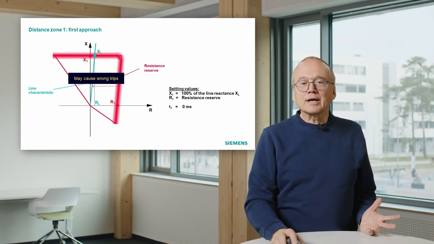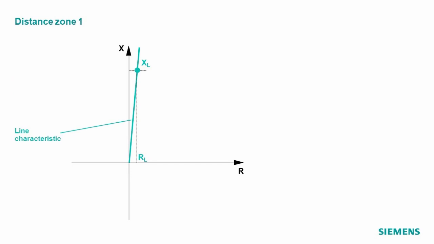So what can you do as an alternative? We start with the same thing. We have here our line characteristic. We have the line impedance consisting of the reactive part XL, the resistive part RL. And now we make our limit a bit deeper, a bit lower, to avoid these wrong trips.